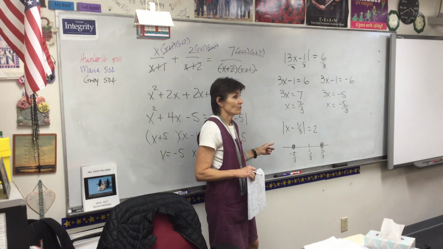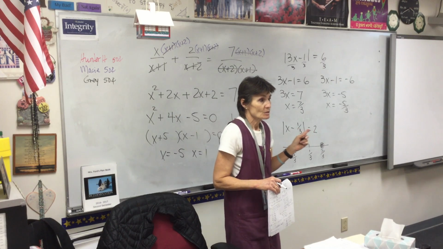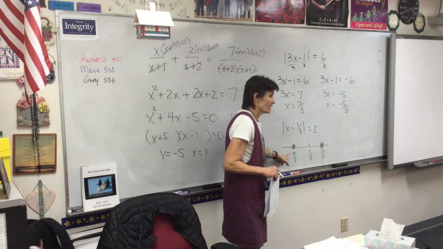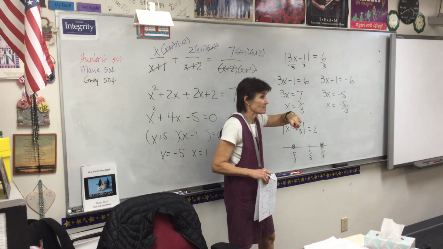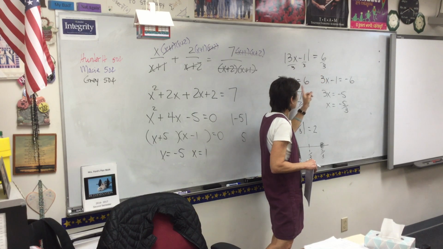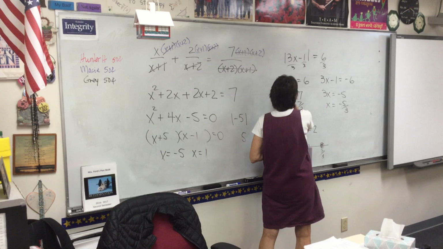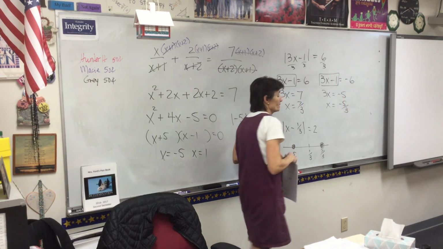I don't care which way you do it, but you gotta do it. That problem's on the exam. So you can do it either way you want. Use a number line, or just split it up. When you said how to get rid of the absolute value, you can split it up into 2 separate equations. Notice when you do that though, this part doesn't change. This part stays the same.